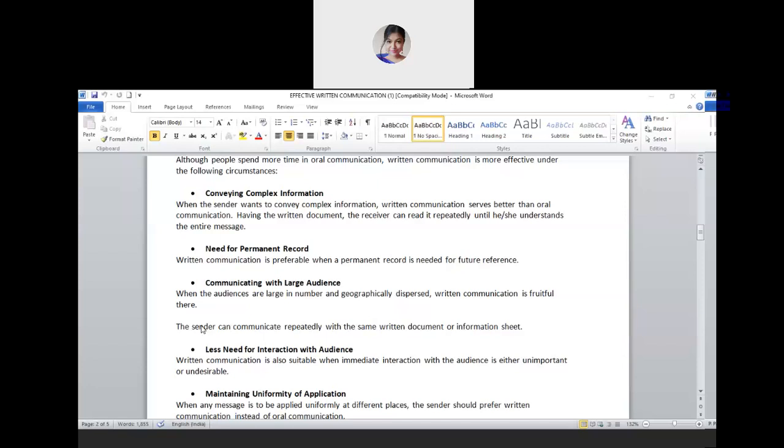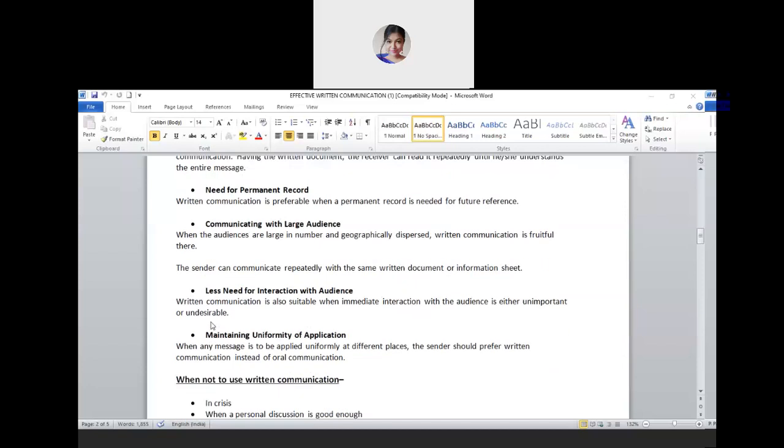When I have to share some information, what will I do? I'll just write and drop it in the group, so that every one of you gets my message. So that is why when we want to interact with a lot of people at the same time, we can use the written mode of communication.